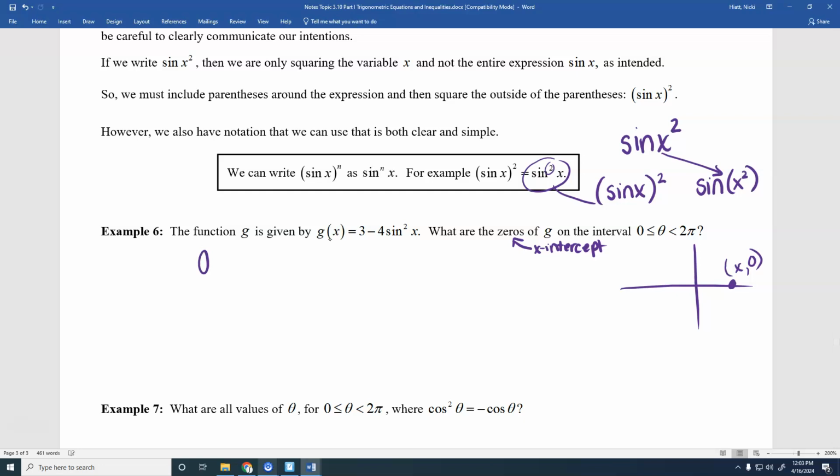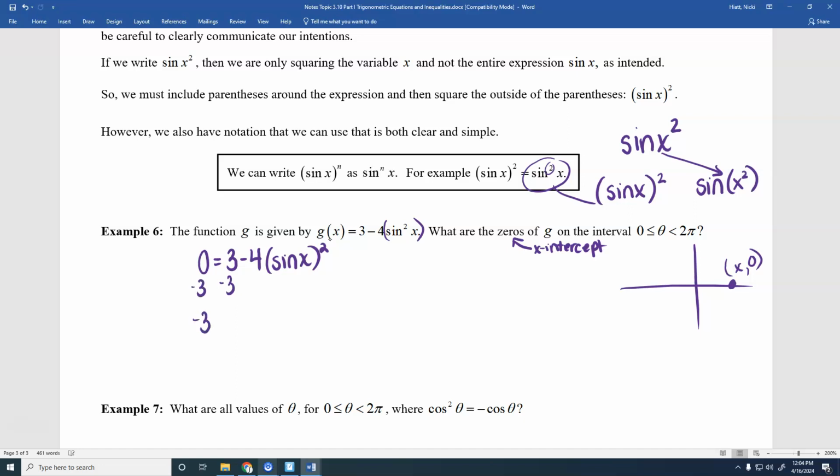So I'm going to have 0 equals 3 minus 4 sine squared x, and I'm going to write it this way just for this first problem. Whenever we see sine squared x, that means that your sine of x is squared, right? So if I'm going to solve this, the first thing I would need to do is subtract the 3.